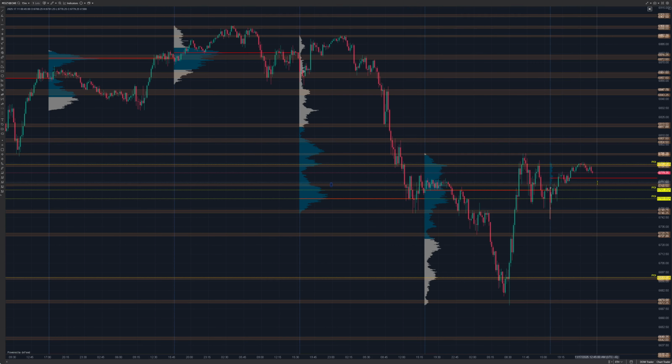We have the POC here from Friday, but I would rather watch out for this space here and then that space down here. Okay, so that's the playing field.